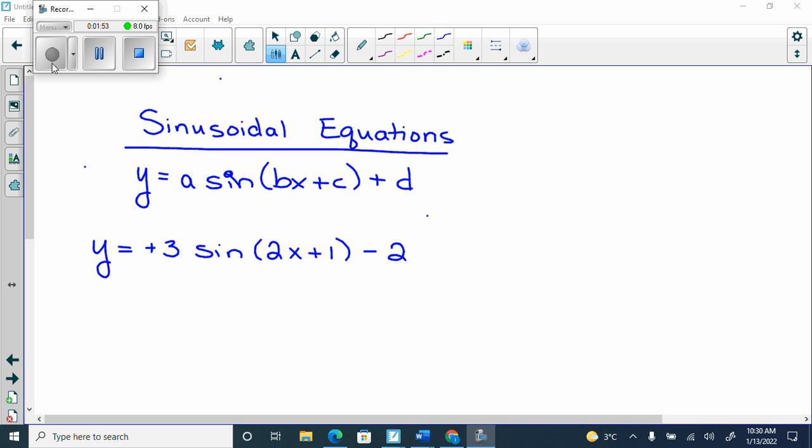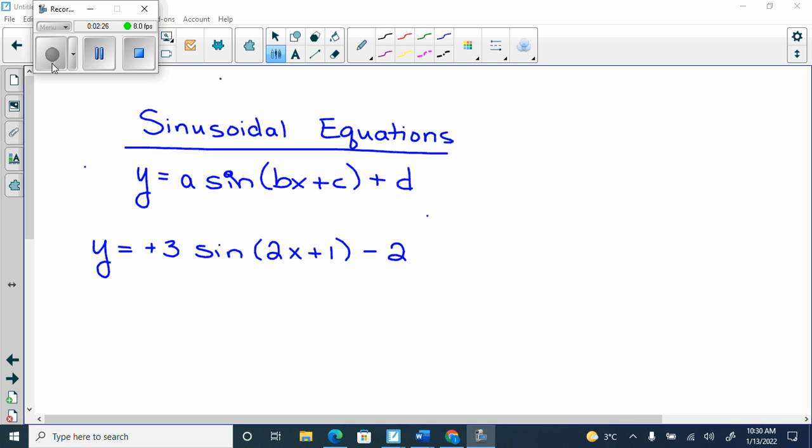Do you have a curvy graph, like the ones you saw before? So make sure you're in radian mode to see it, okay?